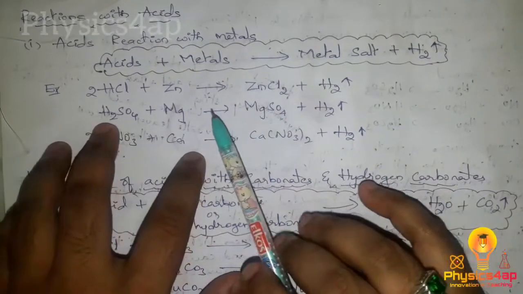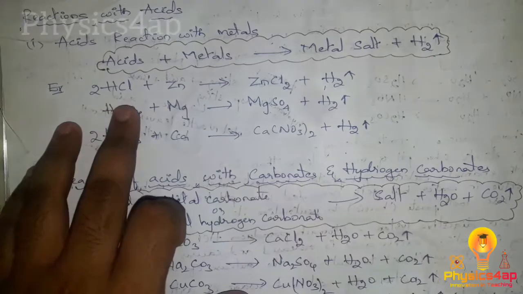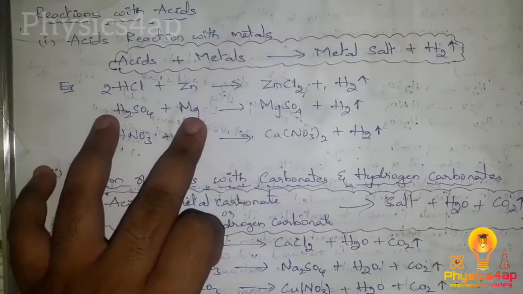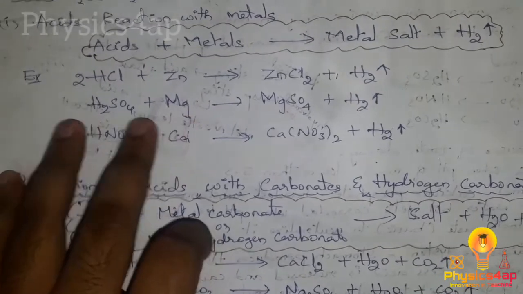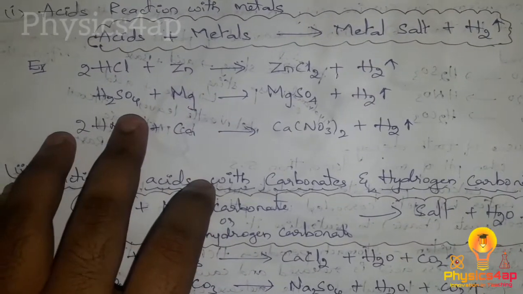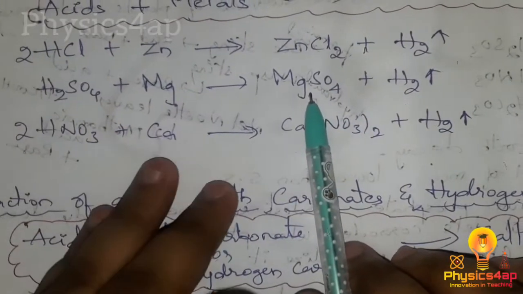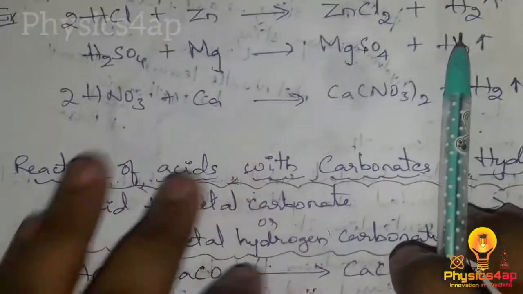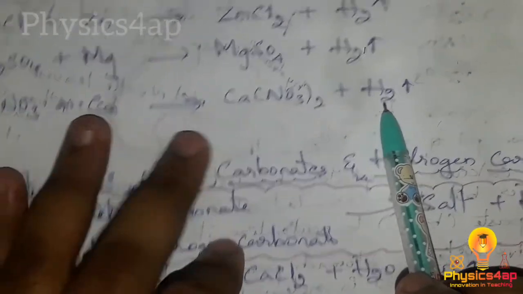The examples we have here: HCl plus zinc, Zn, gives rise to ZnCl2 plus H2, hydrogen gas released. Next, H2SO4 plus magnesium, that is sulfuric acid reacting with magnesium, we get magnesium sulfate plus hydrogen gas. As well as nitric acid reacting with calcium, we get calcium nitrate plus hydrogen gas released.